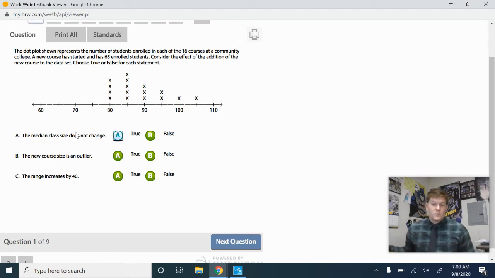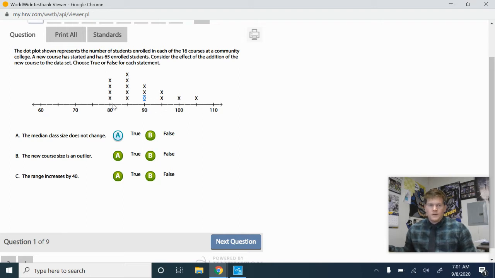The next one, the new course size is an outlier. This one's going to take a little bit more work because we have to find that IQR and then multiply it by 1.5. So if I'm looking for the Q1 and Q3, I'm trying to cut everything into quarters, right? So I could count basically fours, and there's my fourth at 80. Like we said, our median was right in the middle at that 85, and another 4 is like 90.